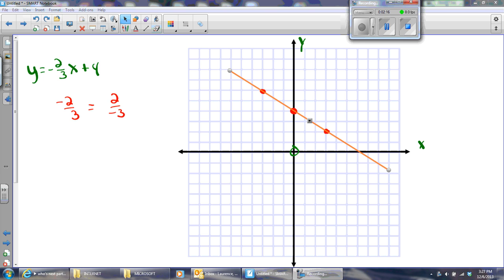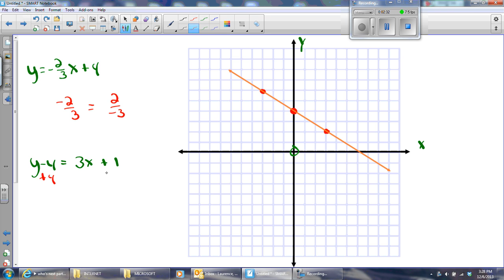Of course, if y isn't alone, we might take a real quick step to get y alone. You know, if we have y minus 4 equals 3x plus 1, well, then we could get y alone by adding 4 to both sides. And so y would equal 3x plus 5.